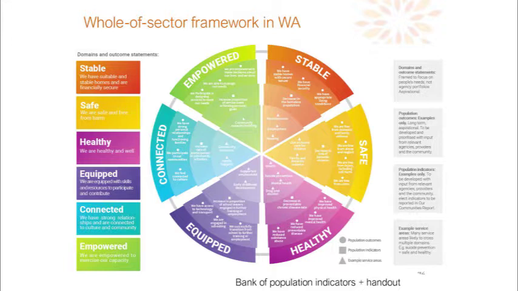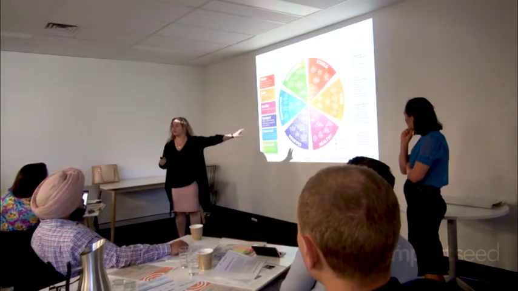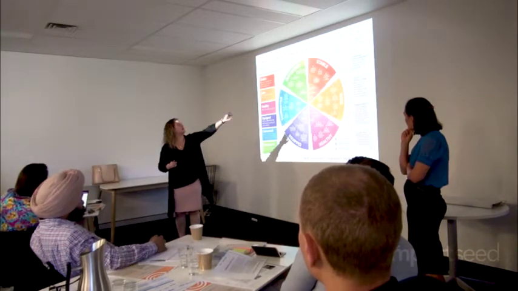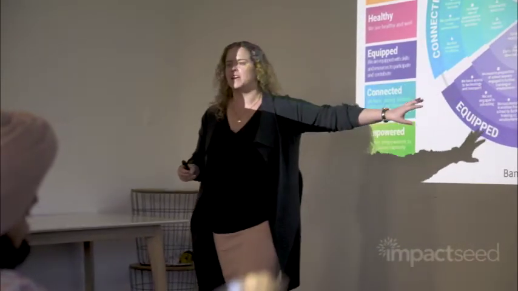It's kind of like thinking about what a good life looks like from the perspective of a person. These are ordering domains, with population level outcomes around the outside, and then indicators and short-term outcomes in the middle. If you're interested, come talk to me afterwards.